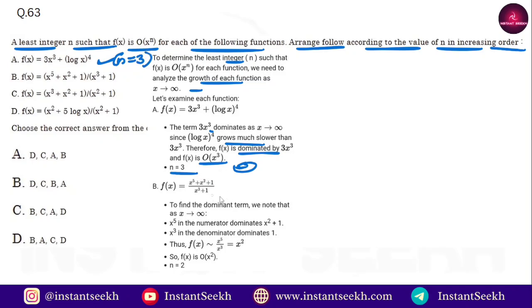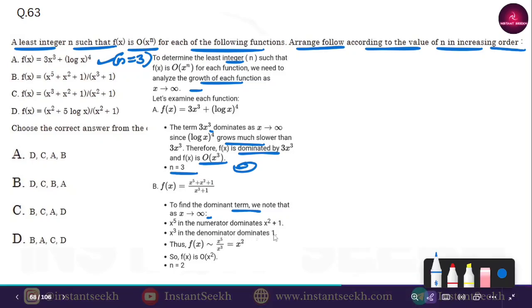Let's see the next one. F of x is equal to x raised to 5 plus x raised to 2 plus 1 divided by x raised to 3 plus 1. For the dominant term, we note that x tends to infinity. X raised to 5 in the numerator dominates x square plus 1. X raised to 3 in the denominator dominates 1.